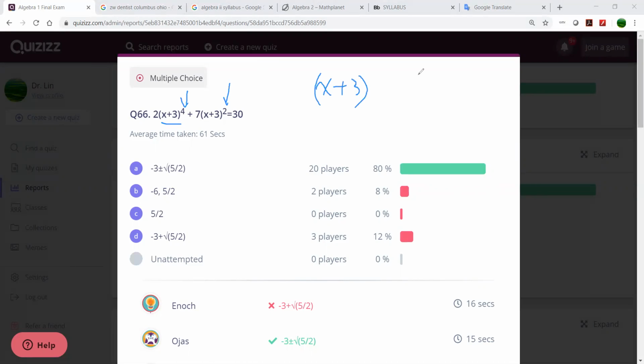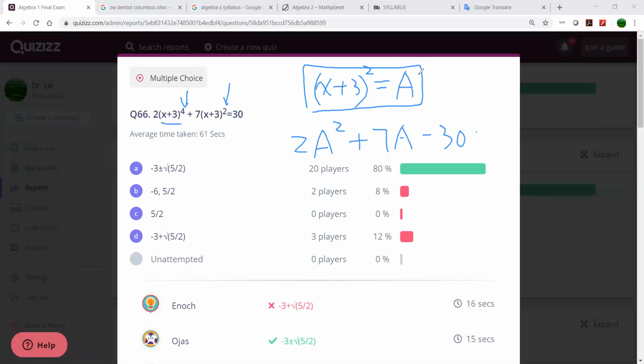I know you guys maybe didn't learn this, but we can use a big A to replace this part. So this changes here to 2A squared plus 7A minus 30 equals 0, right?